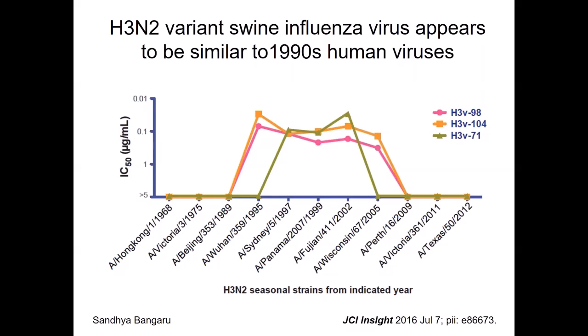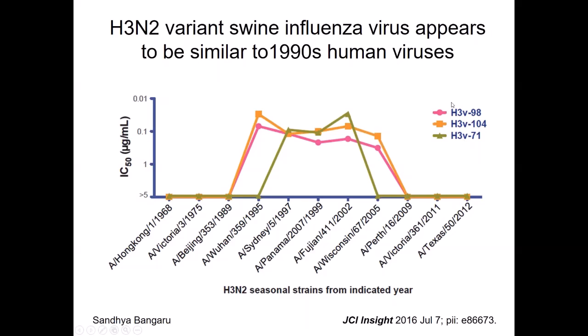So now I'm going to talk about the H3 variant viruses. We've made human monoclonals, again, from vaccinees in our experimental unit here, who were inoculated with H3 variant subunit vaccines. So not the conventional seasonal ones that we've all been getting, but an experimental vaccine that incorporated H3 variant HA.